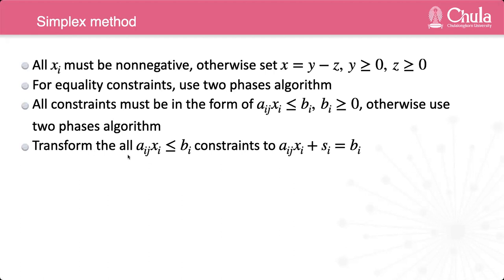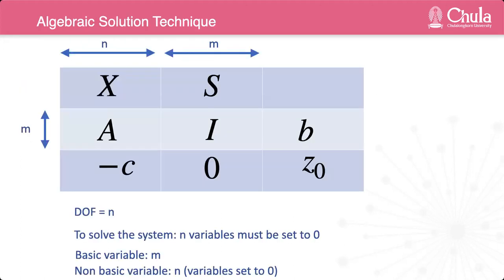Then you transform all the inequality constraints where bi is non-negative by using slack variables. You add a slack variable to the left-hand side and then it's converted to an equality constraint, okay? So our table looks like this.